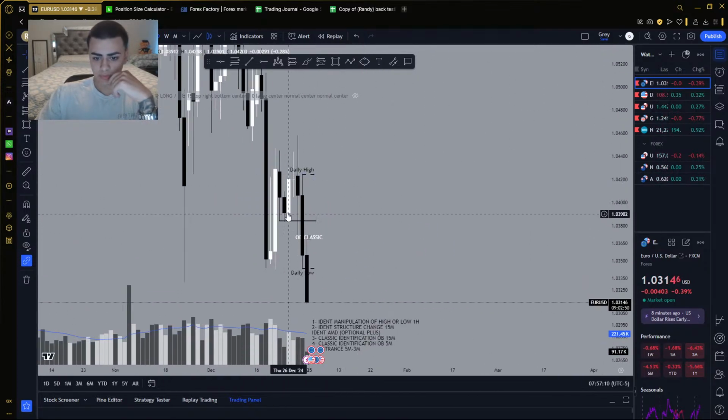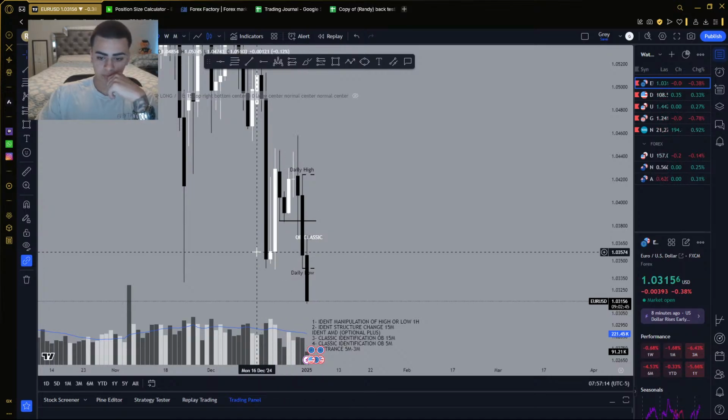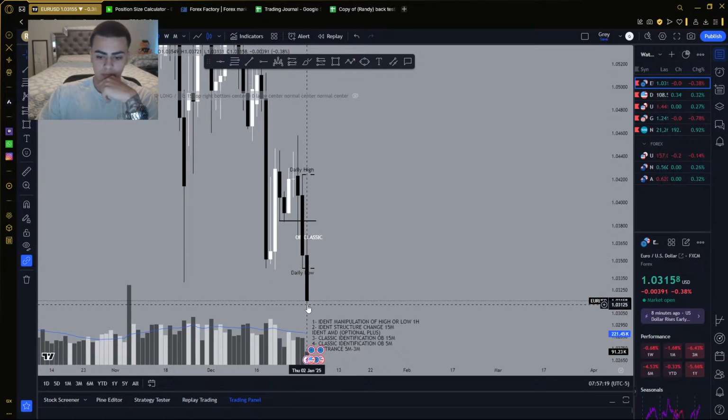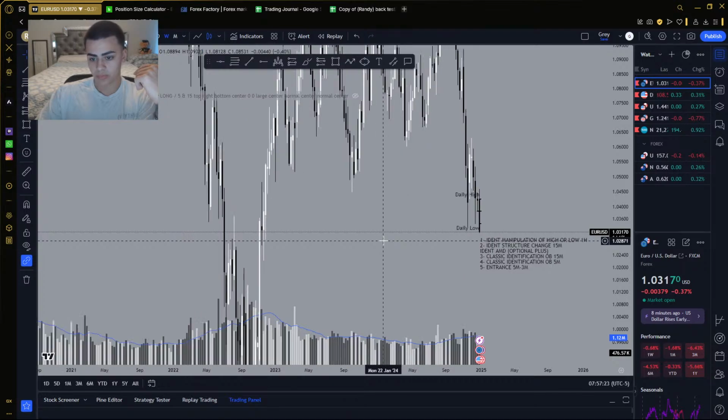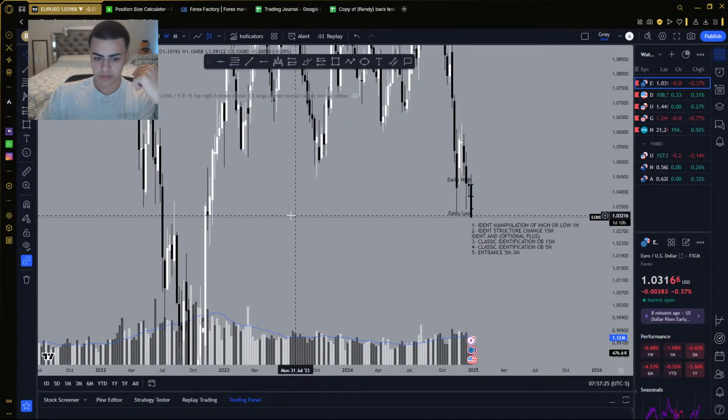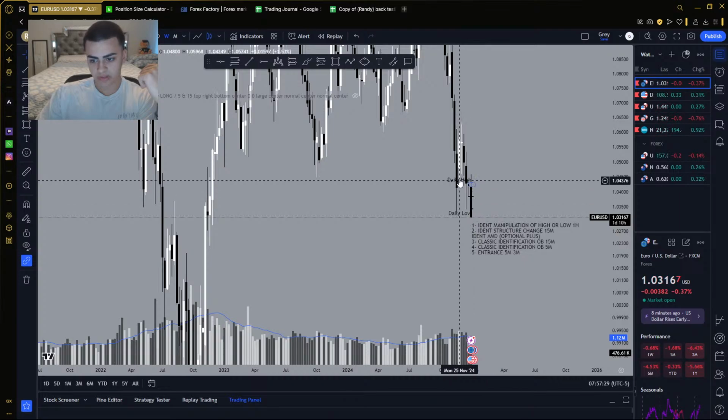It closed right here, broke this low, and right here it looked like it was breaking this low, but then it closed here. And this one we have a long movement down. Not only that, if we go to the weekly and zoom out a little bit, there is an order block there, which is interesting, but it looks like it already respected it here, so I don't think it'll respect it again.